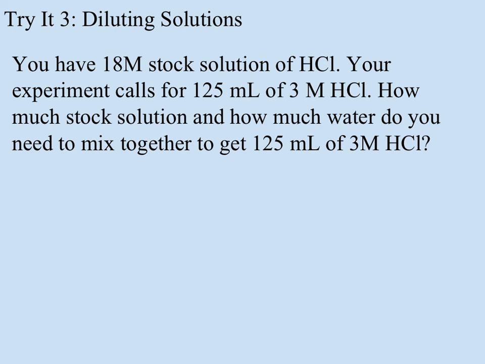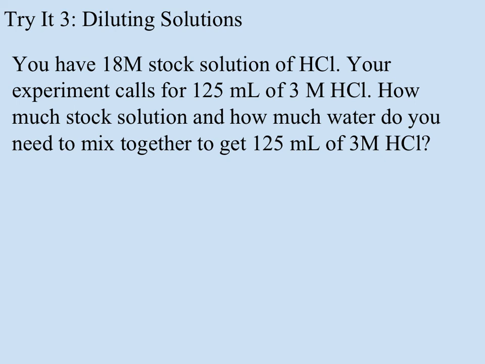Remember, we're using M1 times V1 equals M2 times V2. So my stock solution is 18 molar. I don't know how much of that I'm going to need, but my final solution should be 3 molar and 125 milliliters. Now technically, molarity is given in moles per liter, but you could just as easily change that to moles per milliliter.